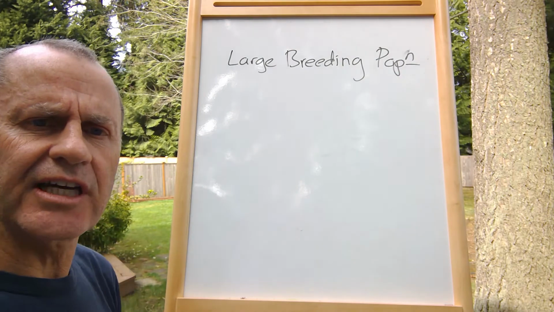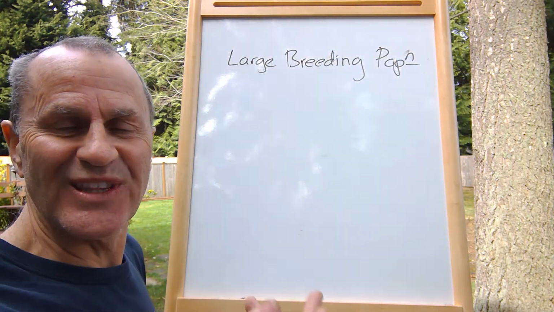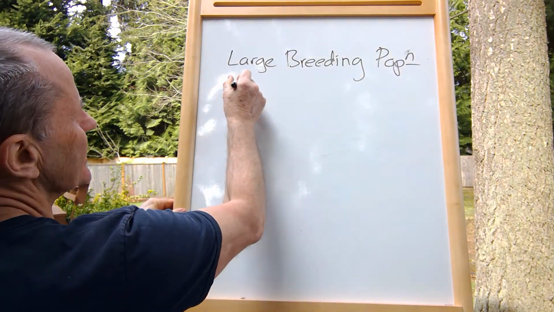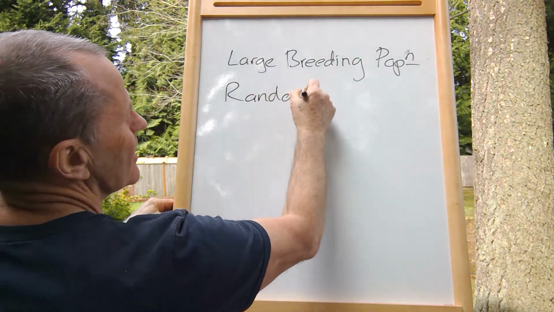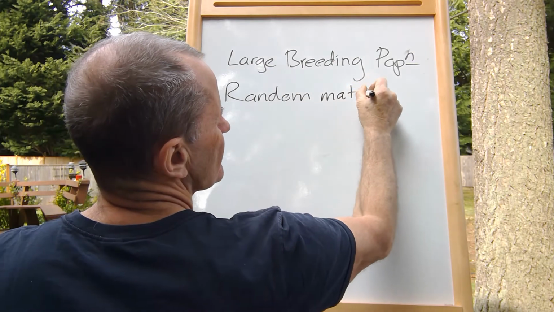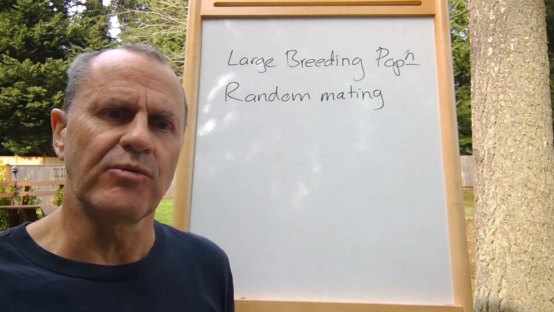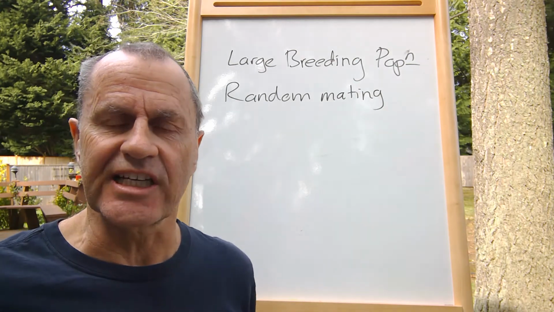The next thing we look at to make sure that the recessive alleles don't die out is that mating is random. We don't have a situation where the females of this species refuse to mate with anything other than a very long-tailed male.